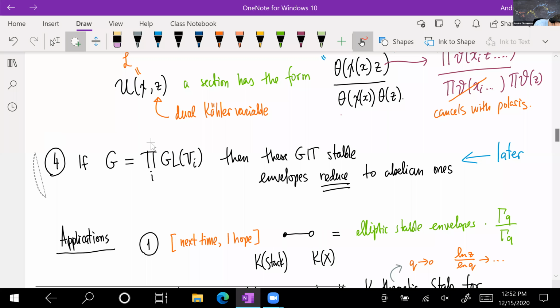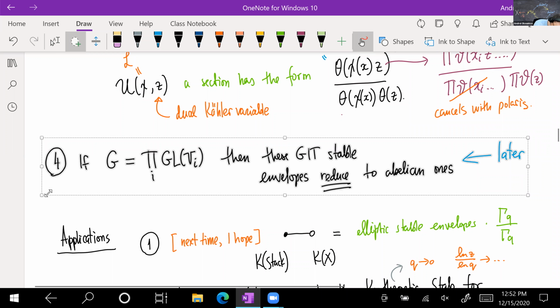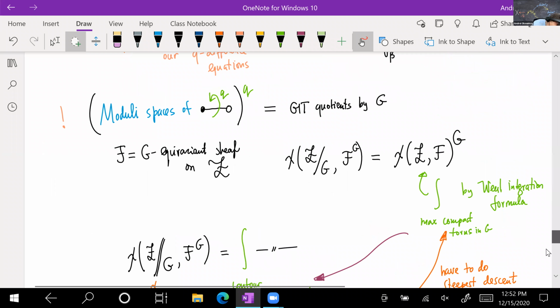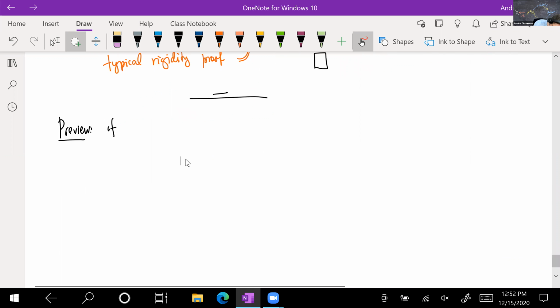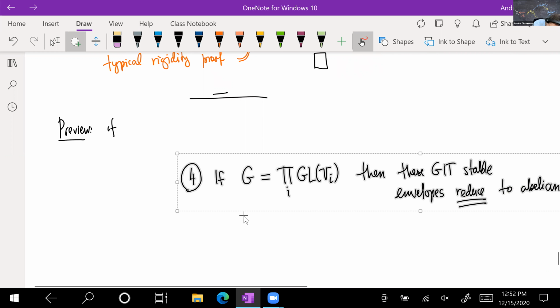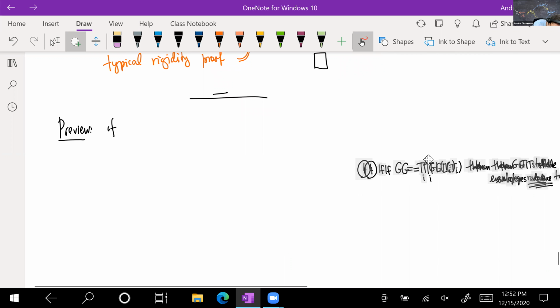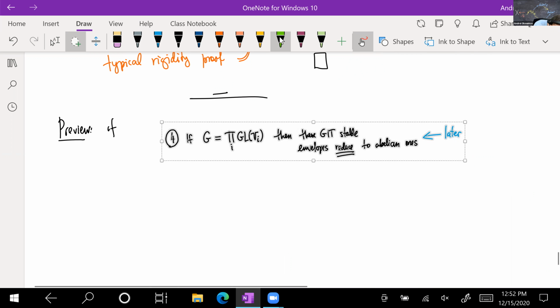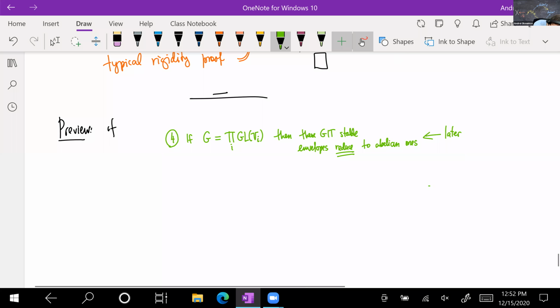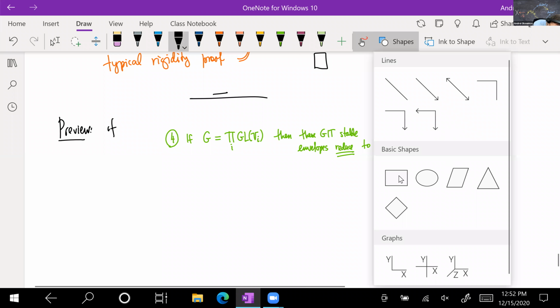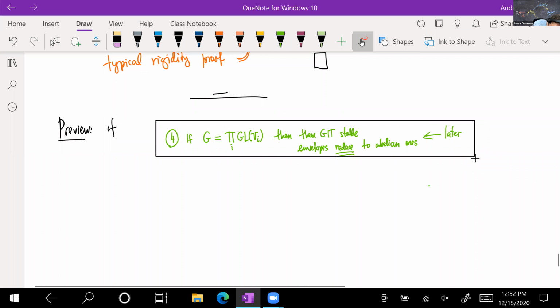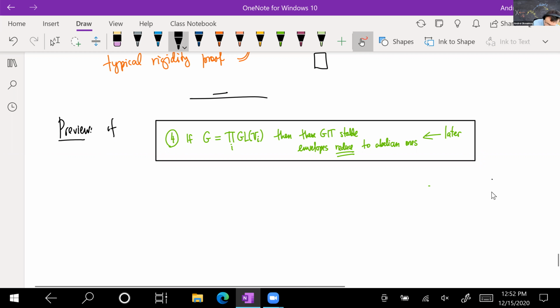Now, what's it going to be like for the Hilbert scheme of points?